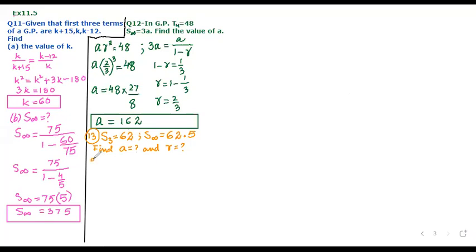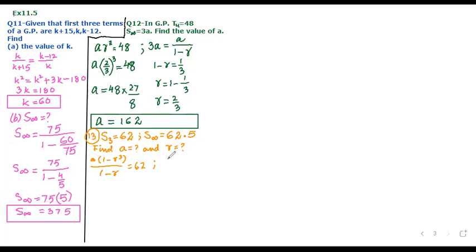So the formula for sum to n terms will be applied here. So a into 1 minus r power n, which is 3, upon 1 minus r is equal to 62. In the same way, we use the sum to infinity, which is given in the question as 62.5.